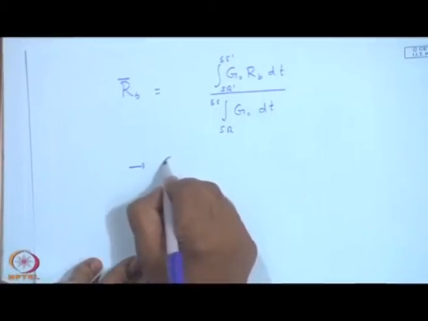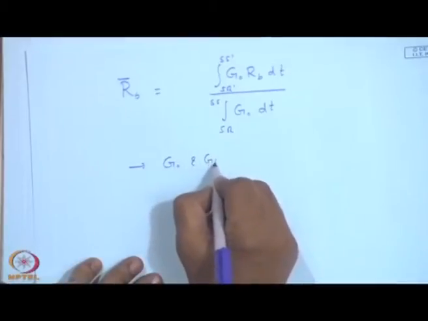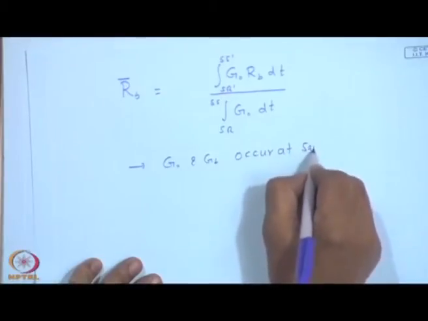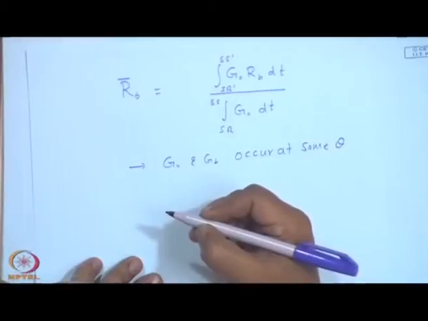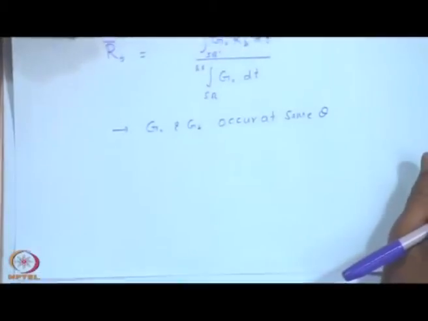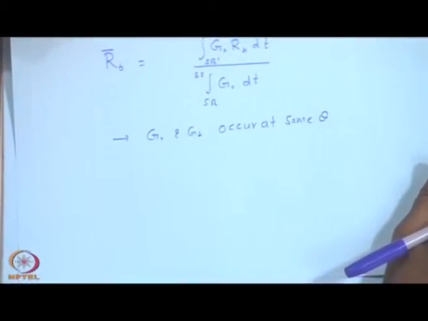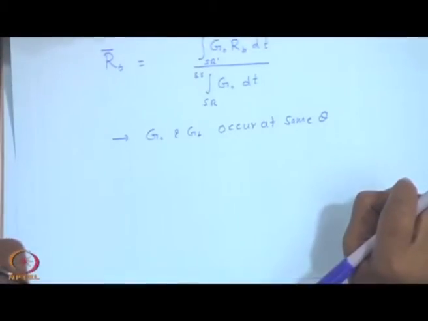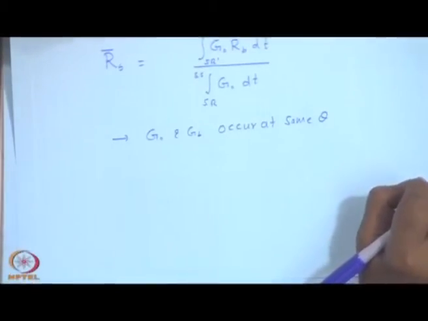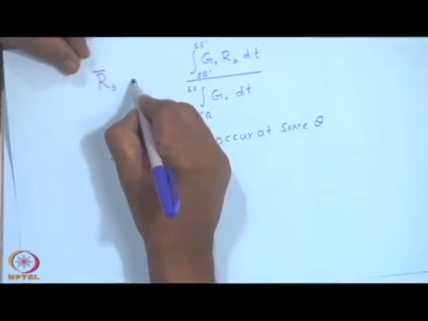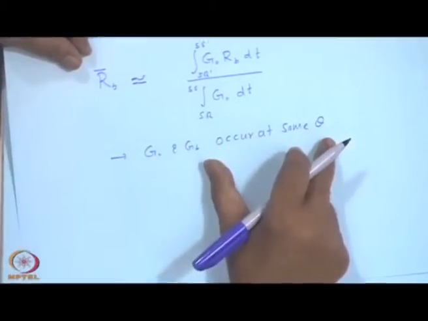The justifications are G 0 and G B occur at the same theta. The angle of incidence of the extraterrestrial radiation on a horizontal plane and the instantaneous G B at an instant will have the same theta. What differs is that G 0 numerically differs from G B. Okay? So, this is an approximation based upon this.